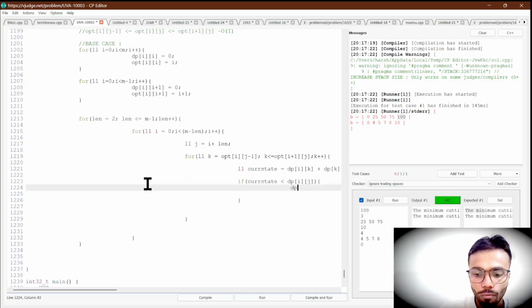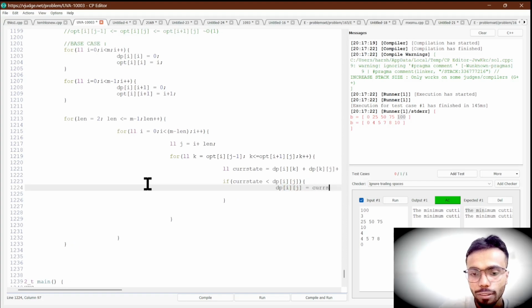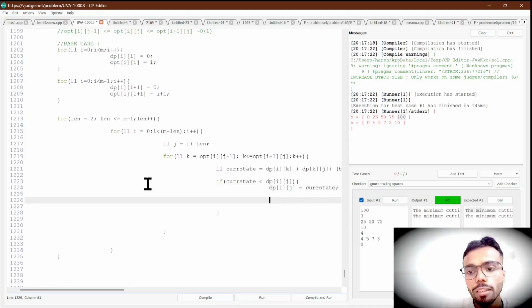That's what we did; dp[i][j] becomes your current state. But another thing is that the optimal k we are looking for is not yet updated. I'm saying that I'm splitting at the index k, and by default we always check the right boundary at the optimal k. So for i to j, what will be the optimal boundary? That is k only, right? So we update opt[i][j] equal to k.